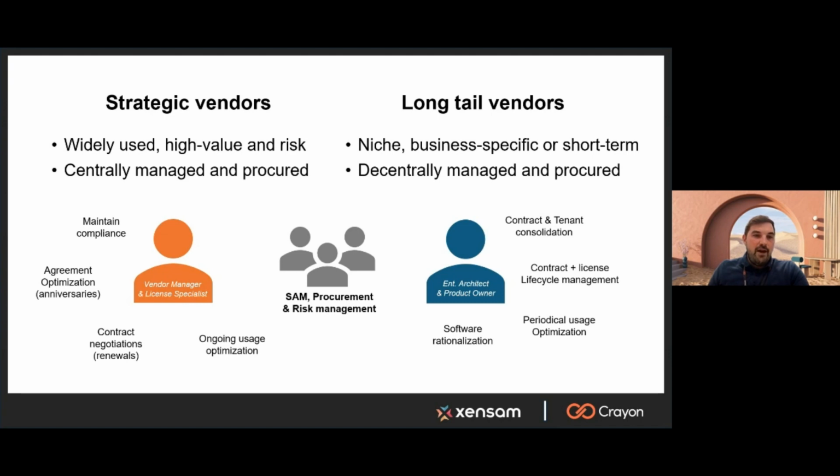Often customers have people with good vendor licensing knowledge in-house, but often they also use organizations like Crayon to outsource that knowledge or get a third-party sanity check of their own thinking. And with strategic vendors, the steps you need to take to ensure your cost savings and cost avoidance often involve maintaining compliance.